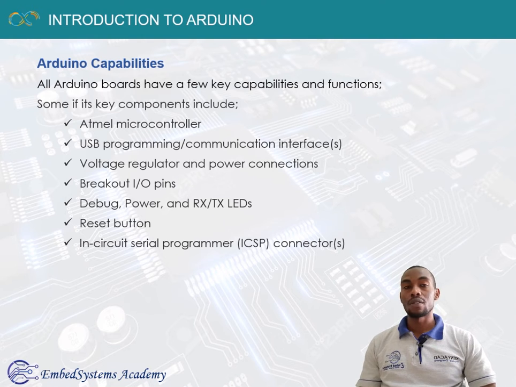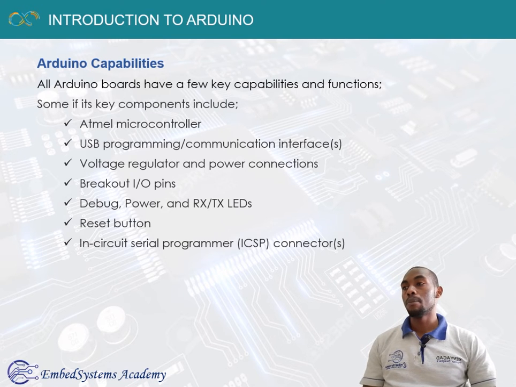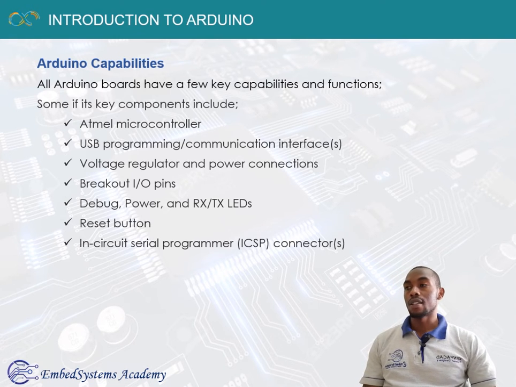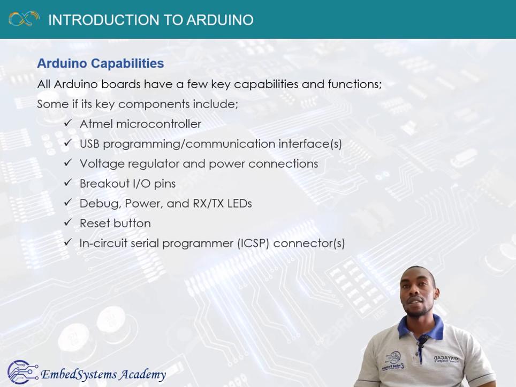It has breakout for I/O, input and output pins. This is where you connect your other peripherals. It has debug LEDs, these simple lights on the board. There's a reset button, and it has an in-circuit serial programmer. We shall see what this exactly is.